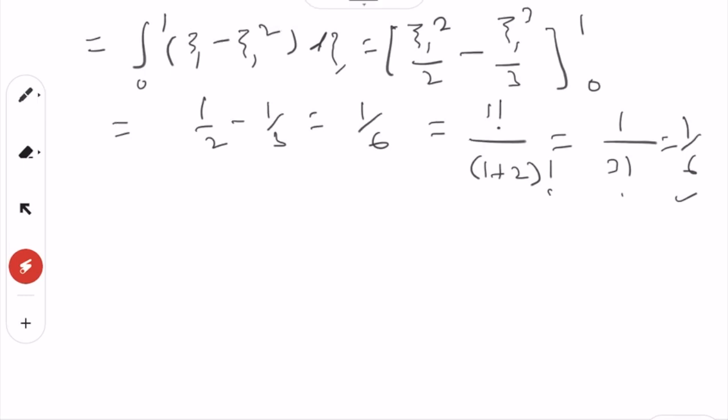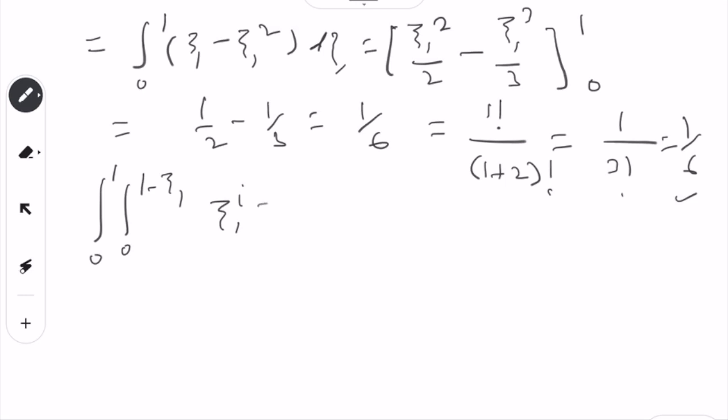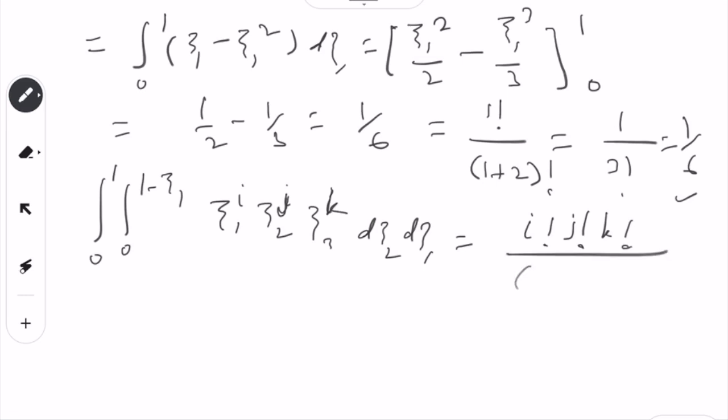So here also we can write that if you have the integral from 0 to 1 minus xi1, 0 to 1, of xi1 to the i, xi2 to the j, and xi3 to the k, d xi2 d xi1, we can write it as i factorial, j factorial, k factorial divided by (i plus j plus k plus 2) factorial.